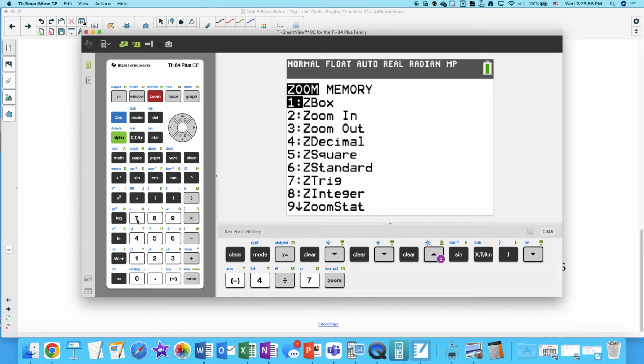Oh, maybe, yeah, negative 360 to 360, or negative 2 pi to 2 pi. I think on the Casios, it's like negative 3 pi to 3 pi. It adds a little bit extra, but it's the same sort of idea. And then the y values will go from negative 4 to 4. So I'm going to hit that setting, and that's what we see.